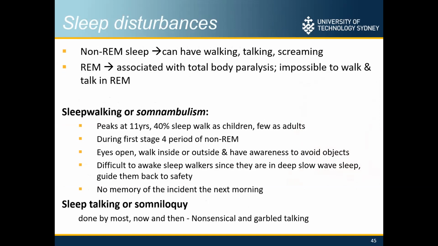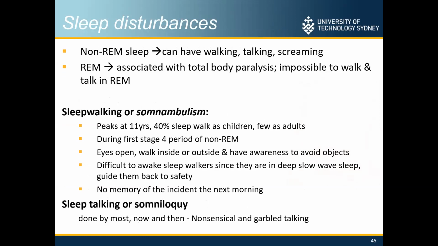So the next bit is looking at sleep disturbances. So sleep disturbances that we know of comprise sleepwalking and sleep talking. So sleepwalking is also called somnambulism. It usually peaks at about 11 years old.